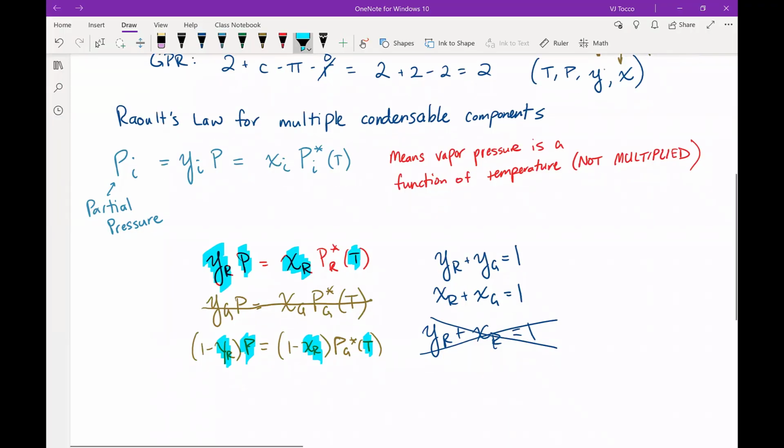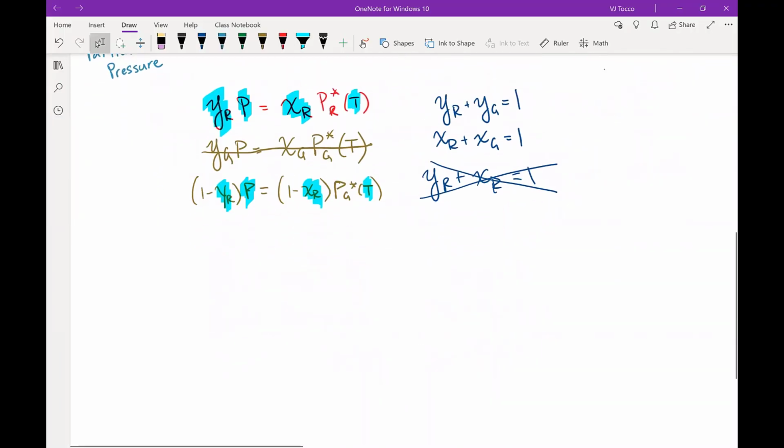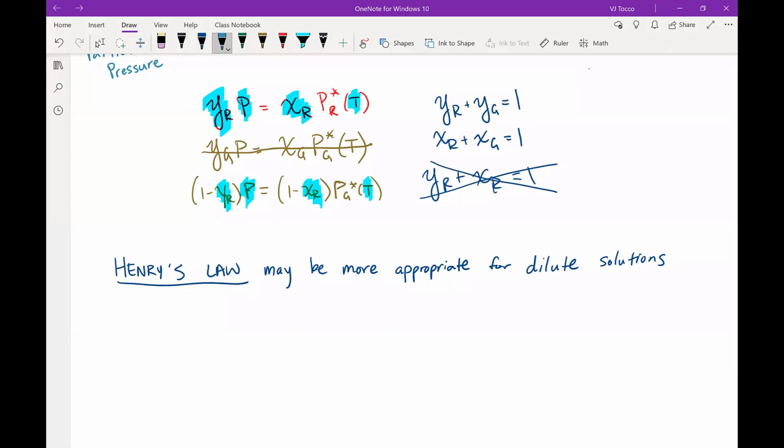This video is almost over, but before I wrap this one up, I also want to mention the cousin, is what I call this, of Raoult's law, Henry's law, which may be more appropriate for very dilute solutions. So Henry's law. And Henry's law has a very similar form to Raoult's law. The only difference is that the vapor pressure is replaced by Henry's law constant.